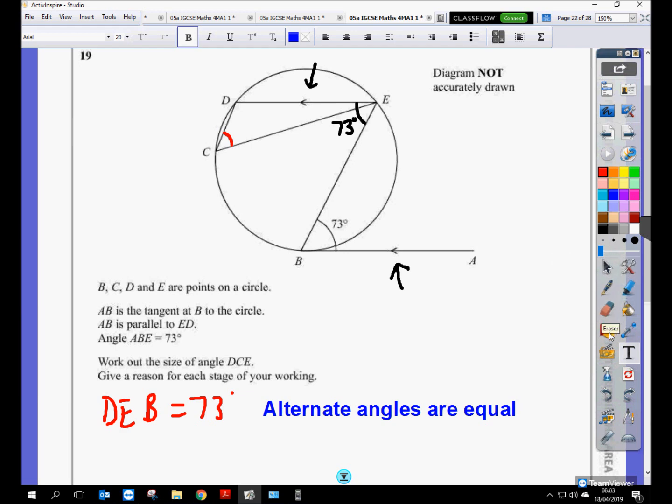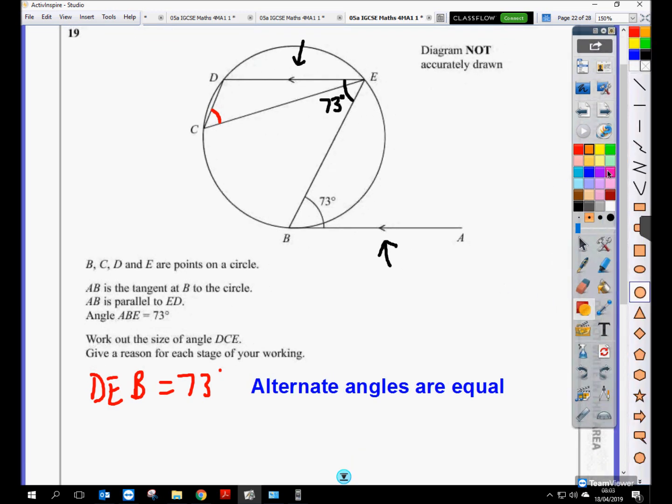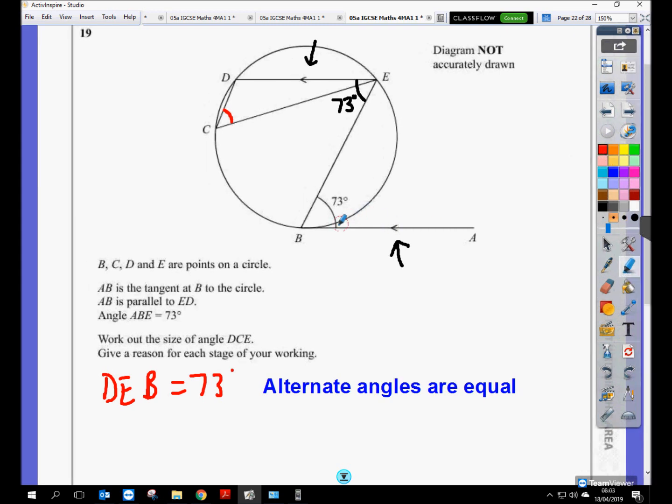And there's also a chord in the circle, which is EB. If I just use my highlighter to show you this. So we have a tangent here, and we have a chord, and the chord is EB. Now the angle made between the tangent and the chord is equal to the angle on the alternate segment.